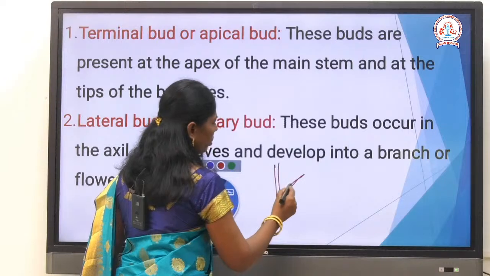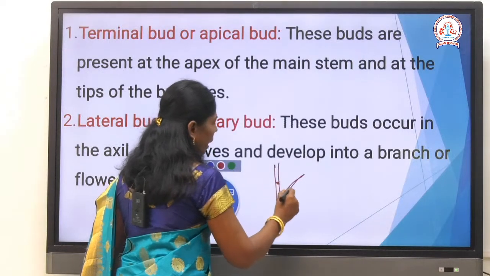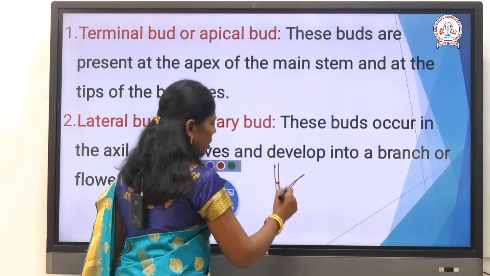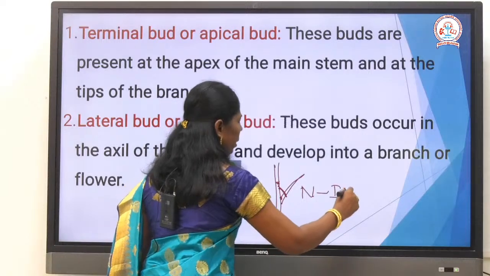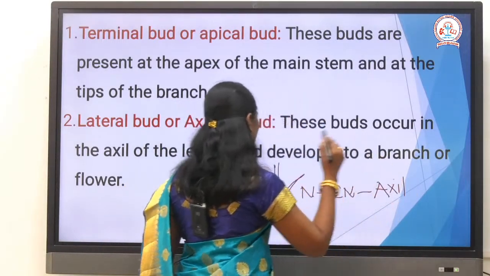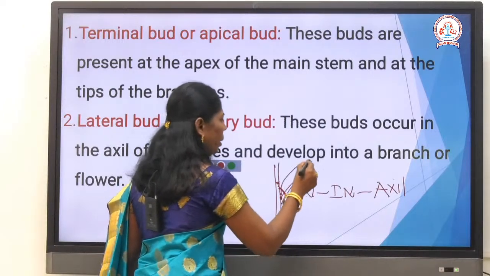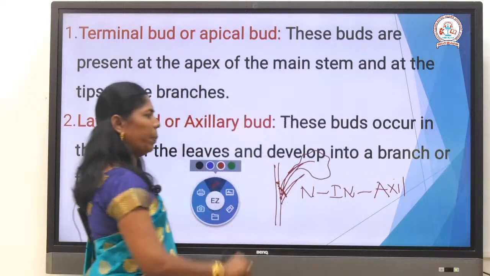This is your node. So this is another node. The axillary region is between the node and internode. This region is considered as the axillary region. If any bud arises from this region, that is your axillary bud.